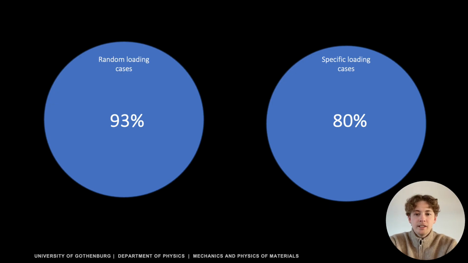To give you an idea of the impact of this method, using our approach, our model accuracy increased from 93% to 96% in random loading cases, and it went from 80% to 94% accuracy in specific loading cases. In this video, I'll go through the process of data augmentation of 3D material models and the advantages of using this approach.